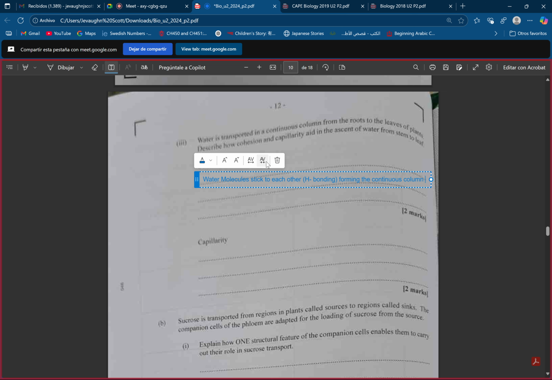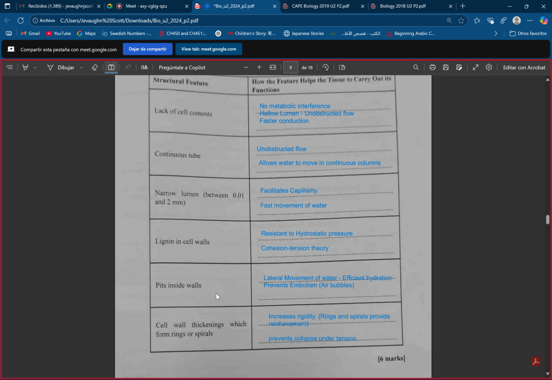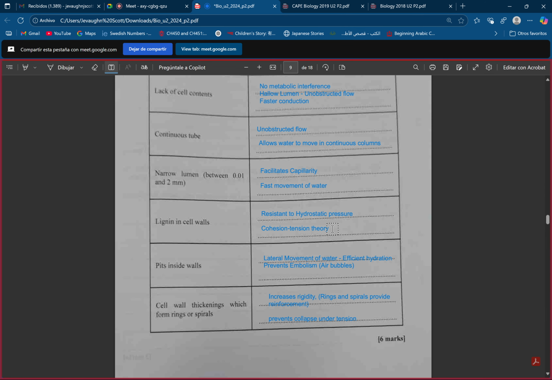So you're going to have something like that. So water is transported, to describe how cohesion aids in the ascent of water. We're seeing water molecules like that, right? Cohesion in combination with adhesion would help as well. That adhesion would stick to the. Oh my gosh, I forgot to add something. Where is the lignified walls? I have to come back to the question to add it here.